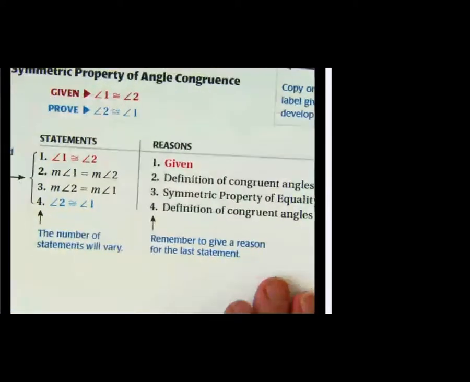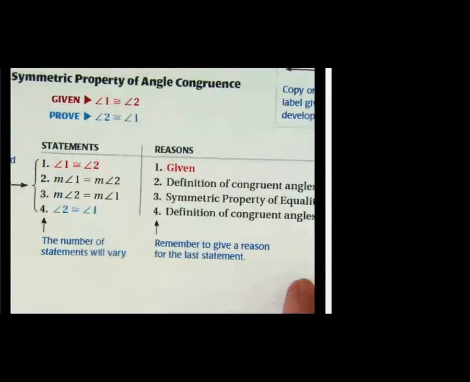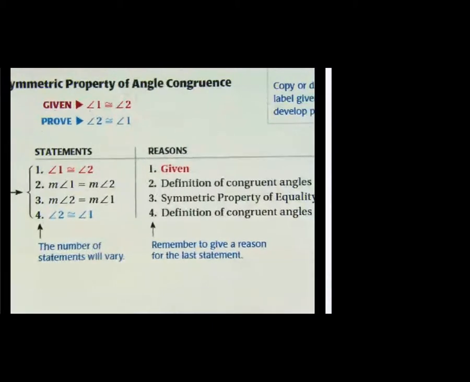So what we're given is that angle 1 is congruent to angle 2, but we will need to prove that angle 2 is congruent to angle 1. We need to use established reasons to do that. So we'll start here with the shape of angle 1 is congruent to the shape of angle 2, and that's given. It's given right there.